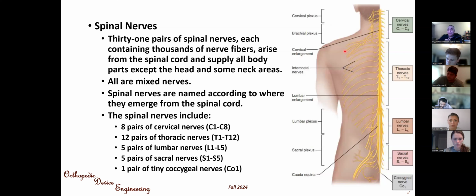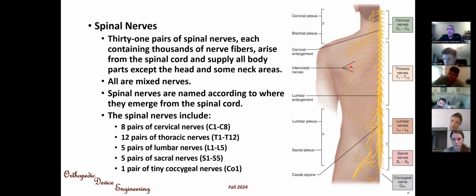Outside the central nervous system, so outside the skull and spinal column, whatever we have is the peripheral nervous system. And the peripheral nervous system is in the form of nerves.